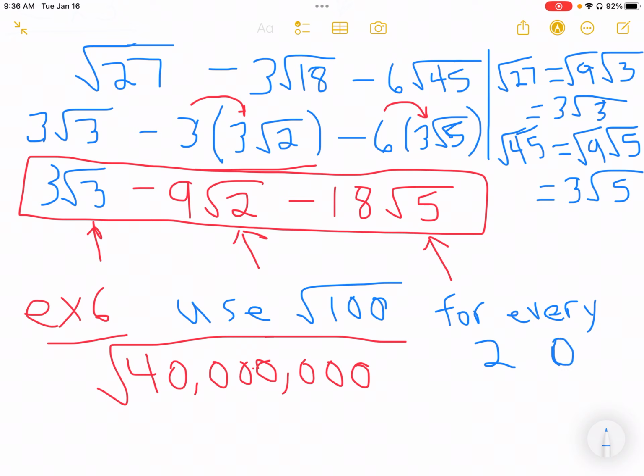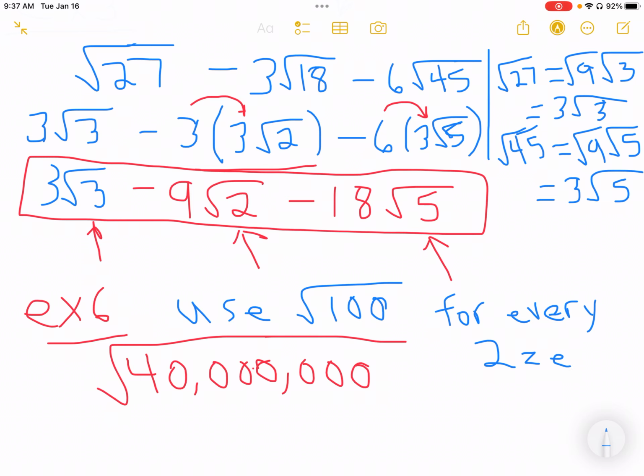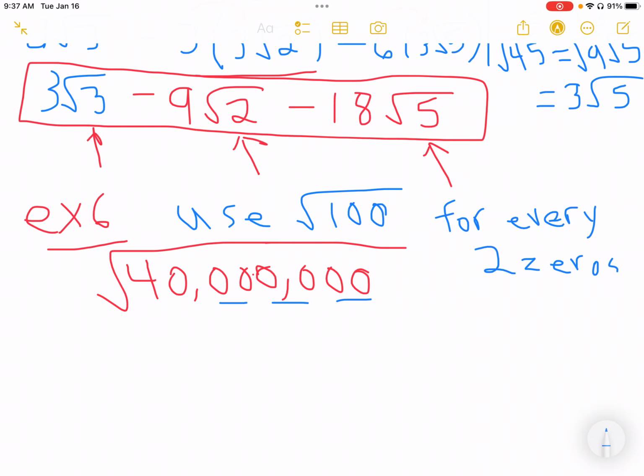But I guess it's zeros. I think I better change that. It doesn't look very clear. Zeros. So, I have how many zeros here? I have 1, 2, 3, 4, 5, 6.